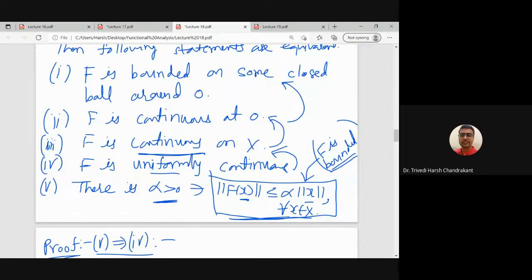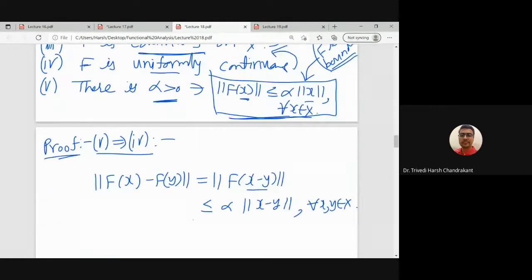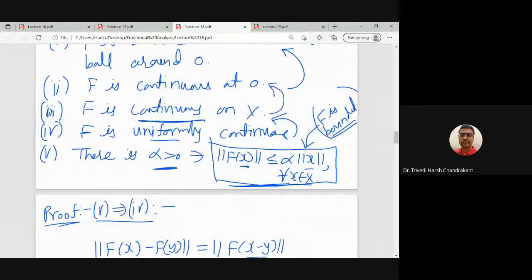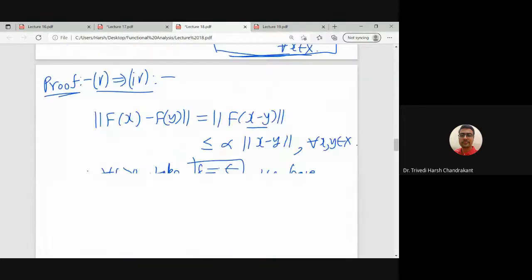Have you come across such a result in metric spaces? Okay, so let us prove this 2 implies 1. What other parts are simple? 4 implies 3, 3 implies 2 are simple.